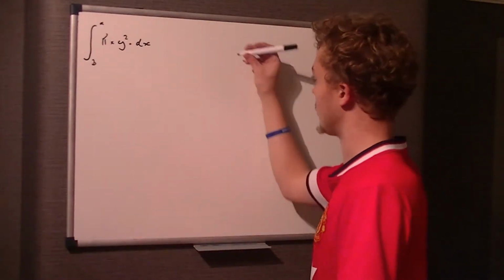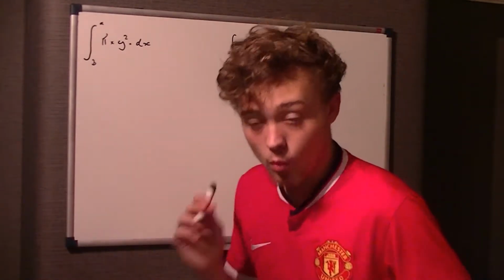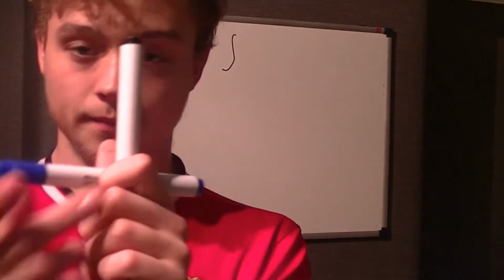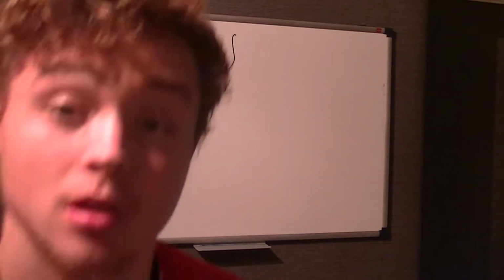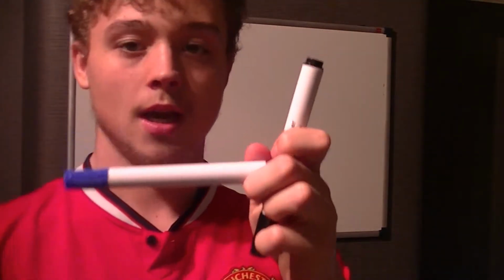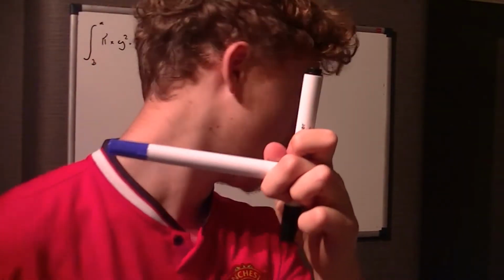Similarly, if you were integrating around the y-axis, so this is the y-axis here, and you've got your x-axis going across it. This attempt is really not going very well, but I'm going to continue with it anyway because I'm awkward. So we've got our x-axis and our y-axis going up there.